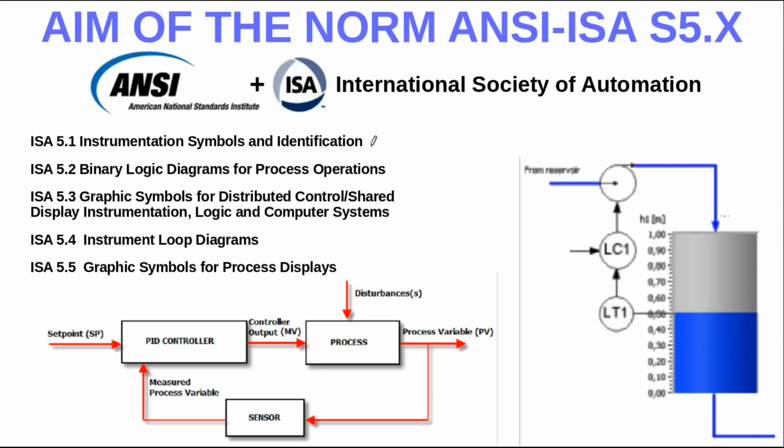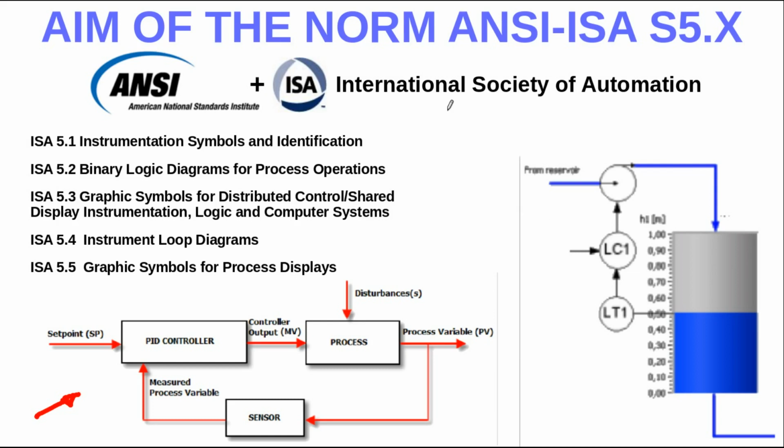The aim of this norm is to translate this block diagram into a standard diagram for all those technicians and engineers who are concerned about the design, the setup, and the use of control structures.